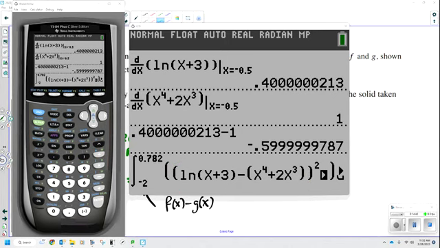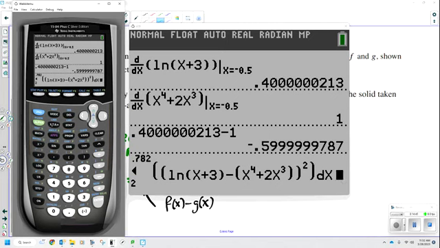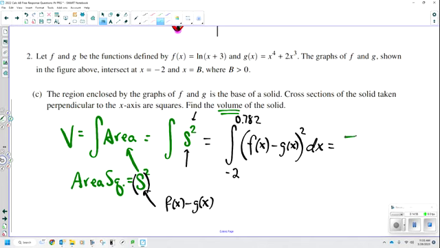That's always something that people forget to do, just like they forget the dummy variable. And if I did that right, the calculator is going to tell me that my answer is 5.340. And that exactly is the answer. 5.340. That is the volume. If I had a bunch of shapes that were squares between f of x and g of x, boom, done.